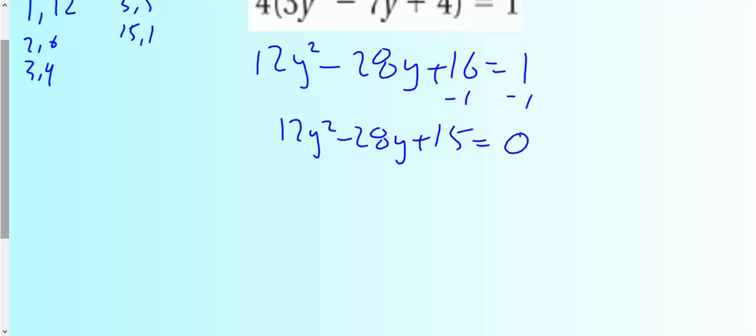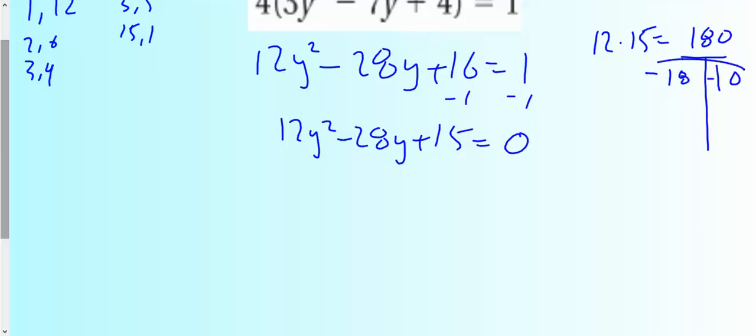And you're right, 12 times 15 is 180. And they both have to be negatives. And now I gotta get the numbers to add to negative 28. Well, 18 times 10 works out really well to get to negative 28. So I don't even need to write down all the other combinations.